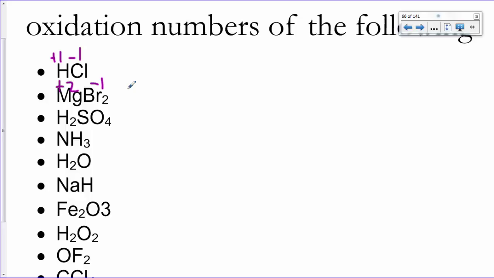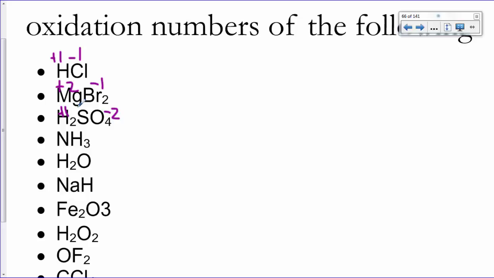This next one here is one that requires a little bit more finesse to solve. Basically, you're going to need a -2 for oxygen, because oxygen is set at -2, and you're going to need +1 for hydrogen. So in order to make this fit, sulfur needs to be +6.